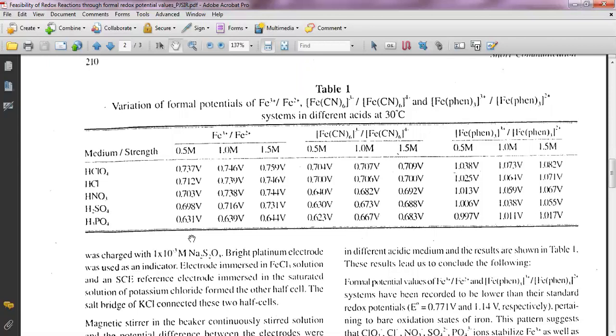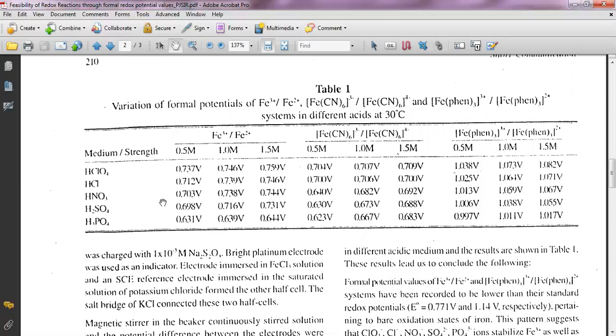The potential is less as compared to the standard state because the iron plus 3 state is more stable in the presence of these anions, as they form complexes with iron plus 3. That's why iron plus 3 is more stable as compared to iron plus 2 in the presence of these ions, and its reduction potential is less as compared to the standard value, which is 0.771.